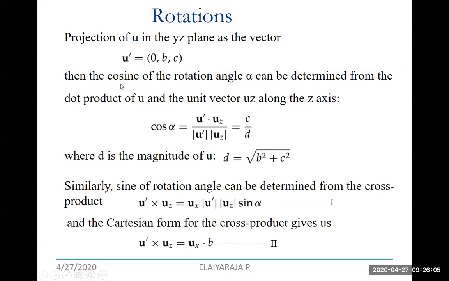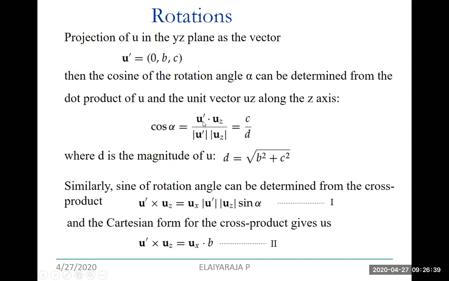Then the cosine of rotation angle alpha can be determined from the dot product of U dash and the unit vector uz along z axis, where you can write cos alpha is equal to dot product U dash into uz divided by modular of U dash and uz. So how do you arrive at this c by d value?